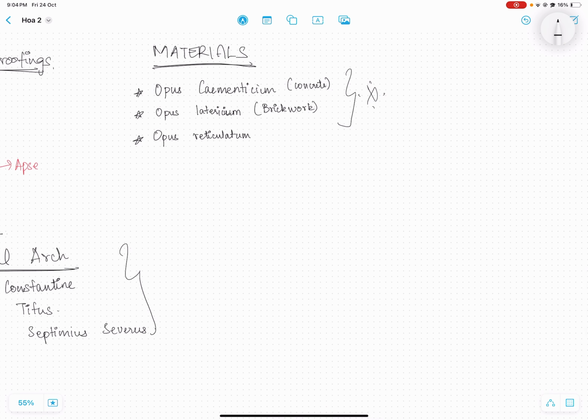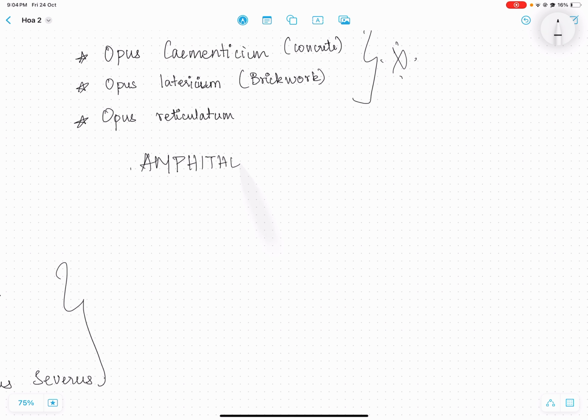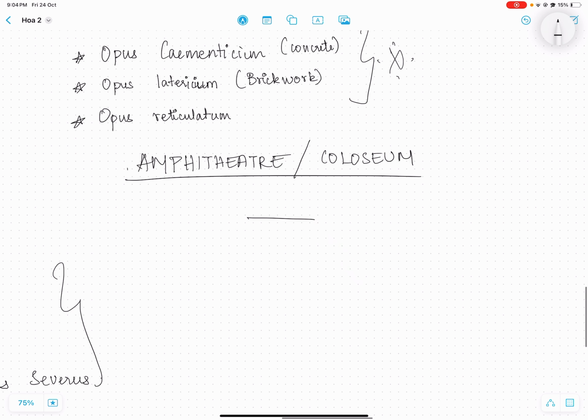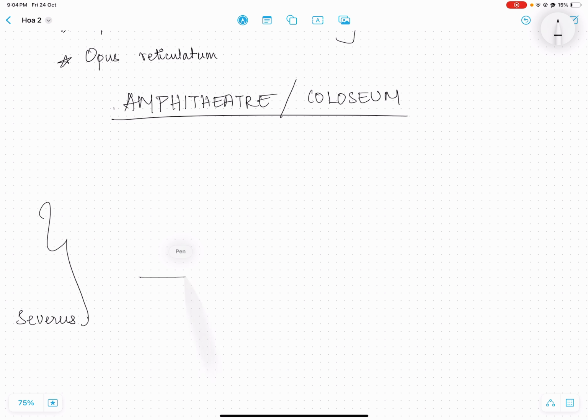Then I think we can move on to the amphitheater, or Colosseum. Consider these to be staircases.